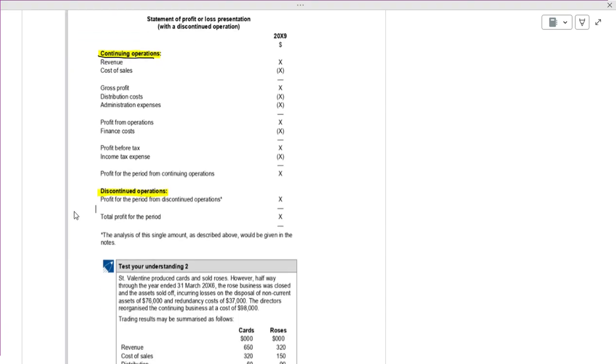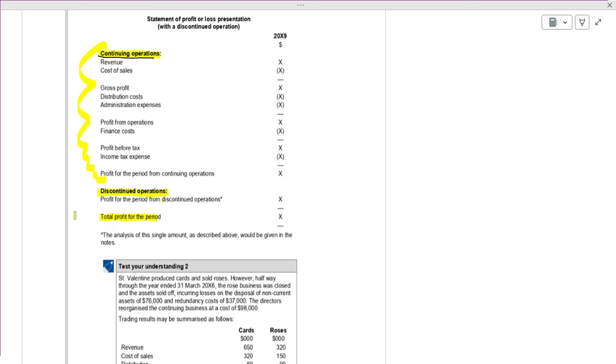Only the profit for the period of the discontinued operation, they will mention it or we will calculate it separately. Then you will have the total profit. This is from operations, this is from non-operations. It's not difficult; it is only a way of understanding the point.